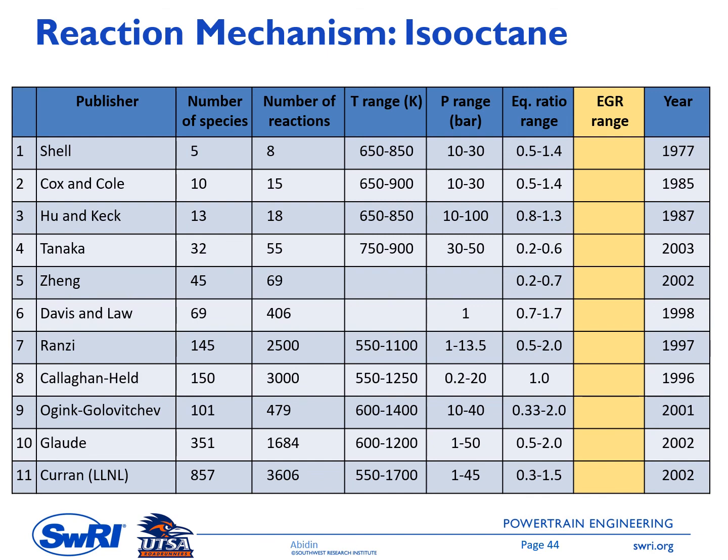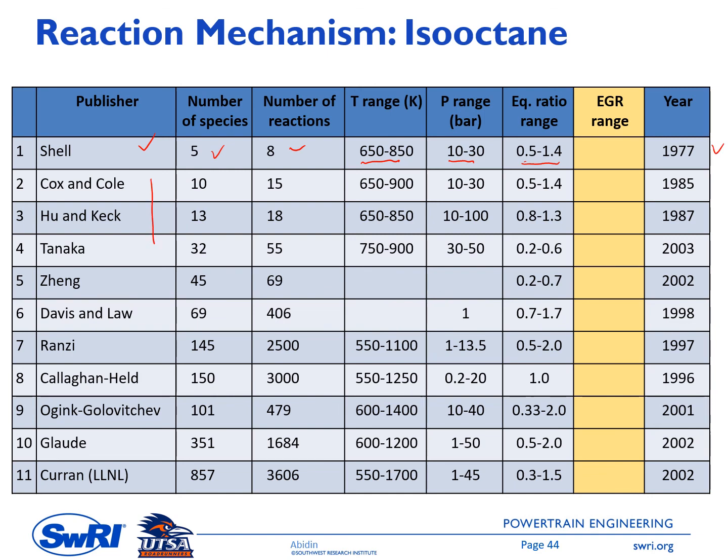Starting from the simple one here, Shell published an isooctane reaction mechanism with only 5 species and 8 reactions, and it shows the range of reaction mechanism applicability: temperature range, pressure range, equivalence ratio range, and the year it was published.